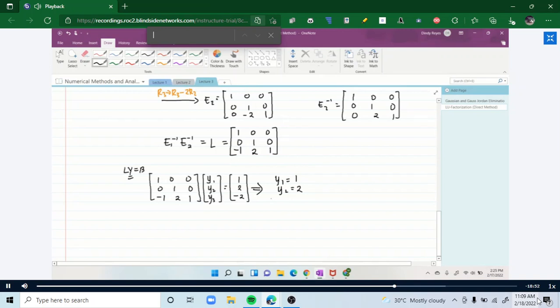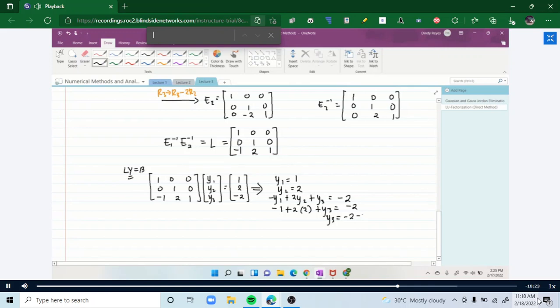And then for the third equation, that's negative Y sub 1 plus 2Y sub 2 plus Y sub 3 equals this constant negative 2. So we can solve for Y sub 3 now because we already know the values of Y sub 1 and Y sub 2. So substitute: negative 1 plus 2 times 2 plus Y sub 3 equals negative 2.